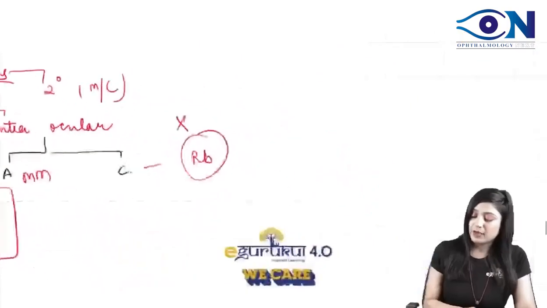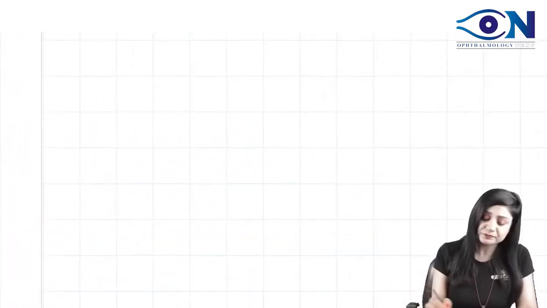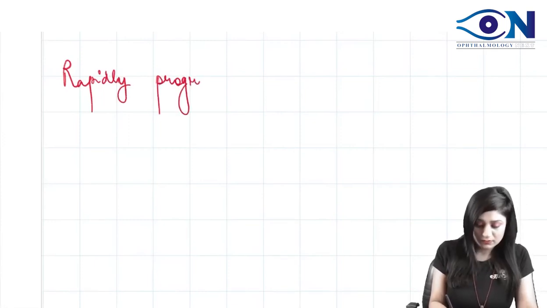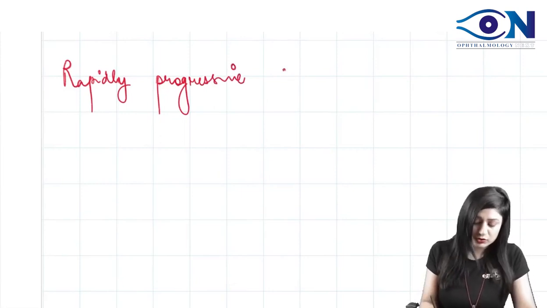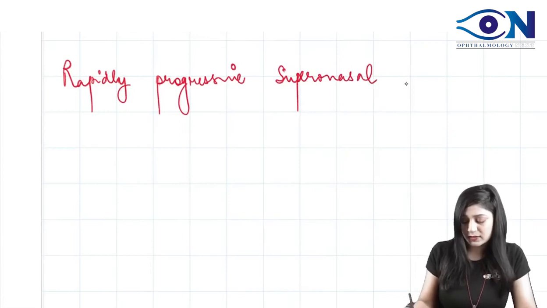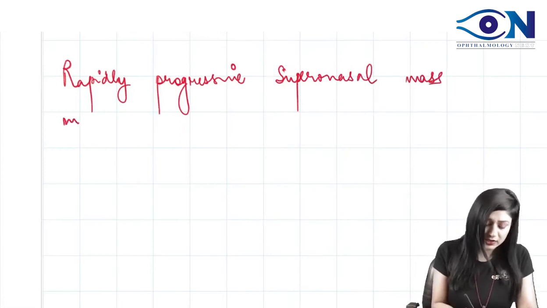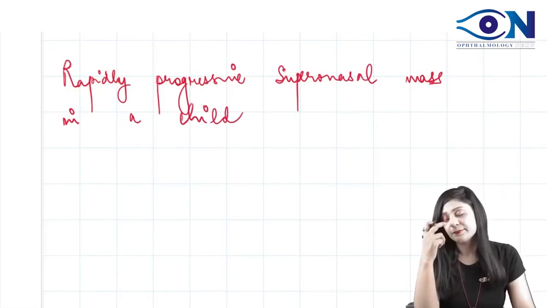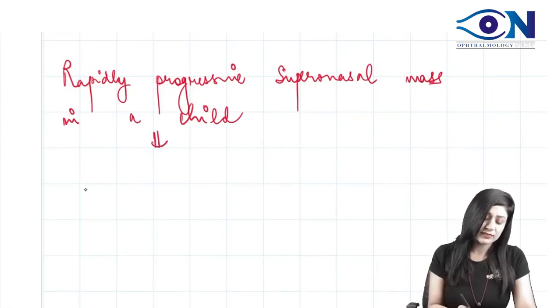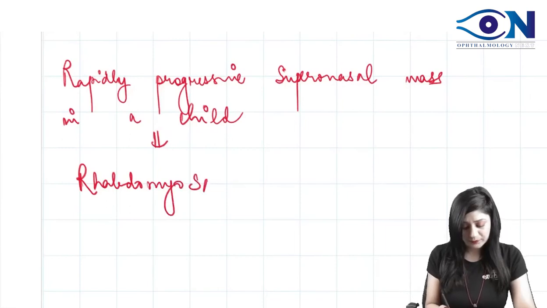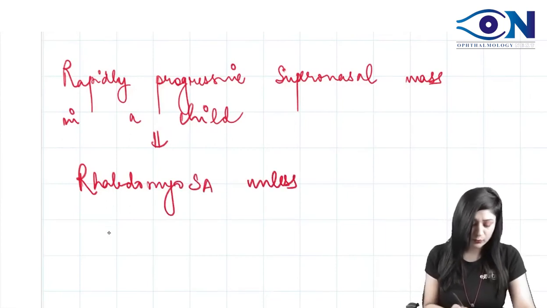Now one more thing. Whenever you are having a rapidly progressive supranasal mass in a child, okay, suppose you are having a rapidly progressive supranasal mass in a child, then you have to consider it as a rhabdomyosarcoma unless proved otherwise.